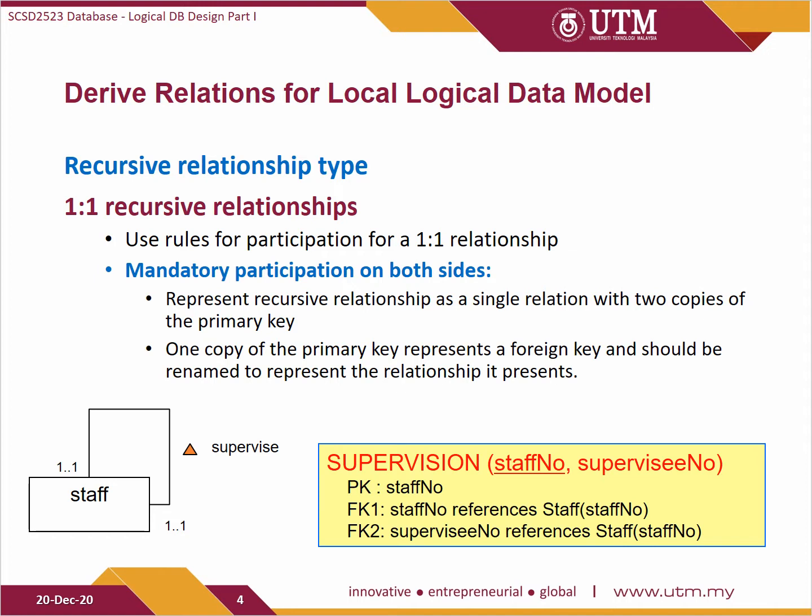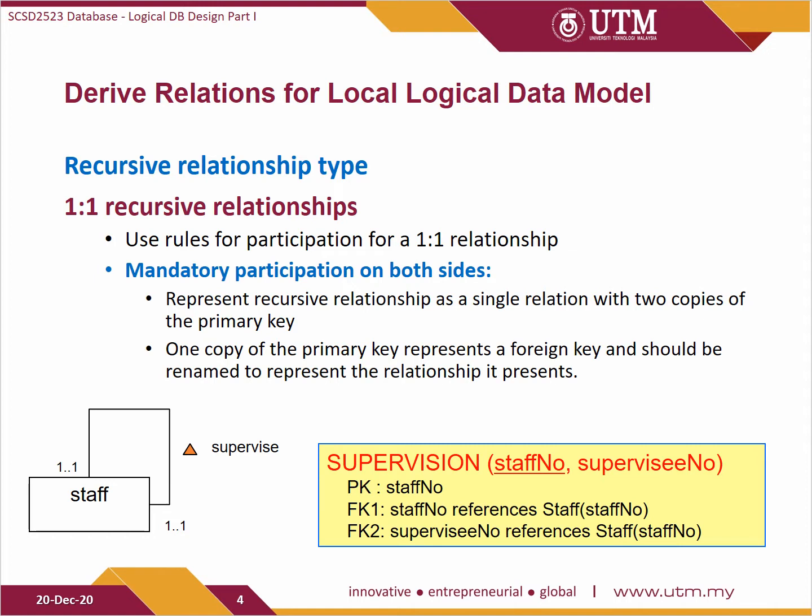I hope you still remember the rules for one-to-one relationship that you have covered in the previous class. For one-to-one recursive relationship, you have 3 types of participation. It can be mandatory participation on both sides, mandatory participation on only one side, and optional participation on both sides.